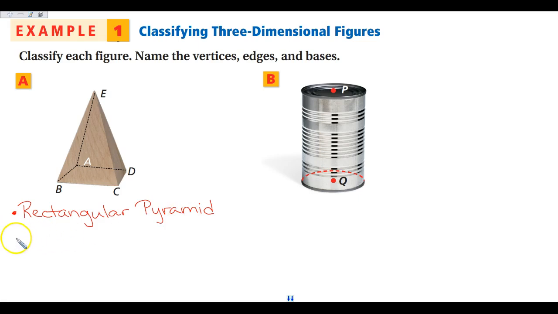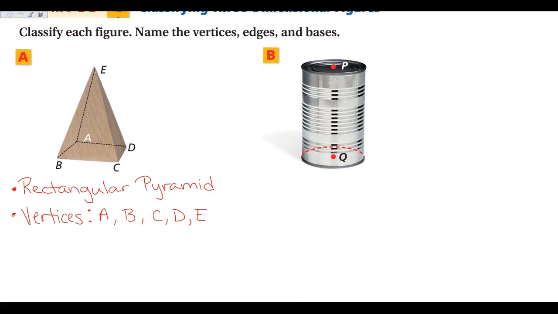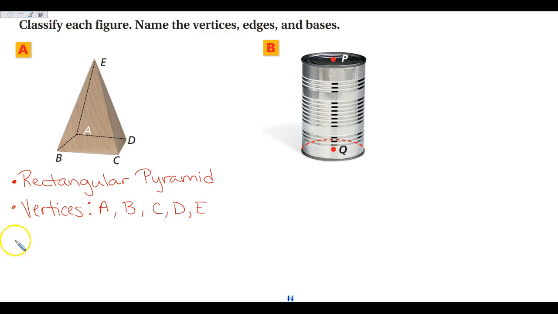Then I want to name the vertices. The vertices are basically all of the points. So my vertices are A, B, C, D, and E. Then I want to name all of my edges.